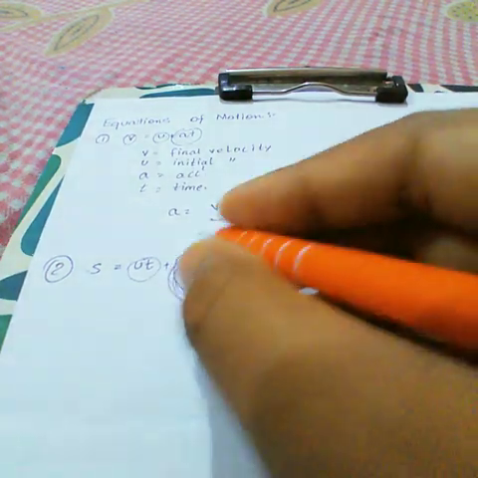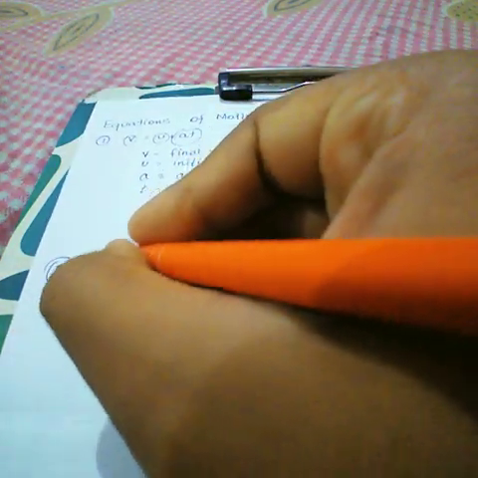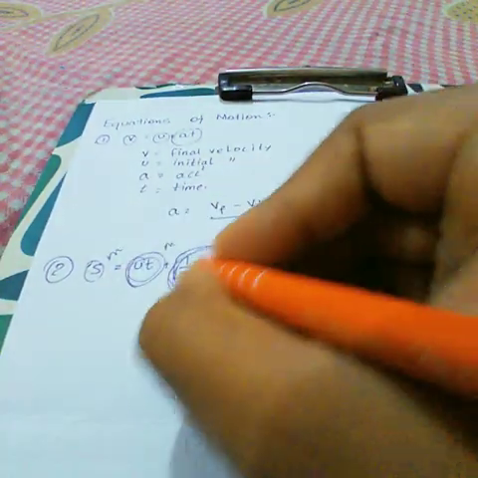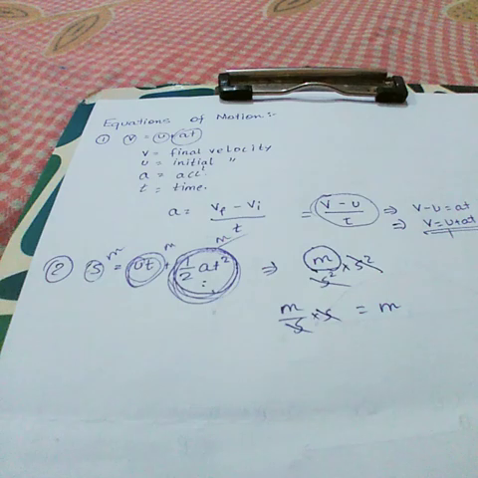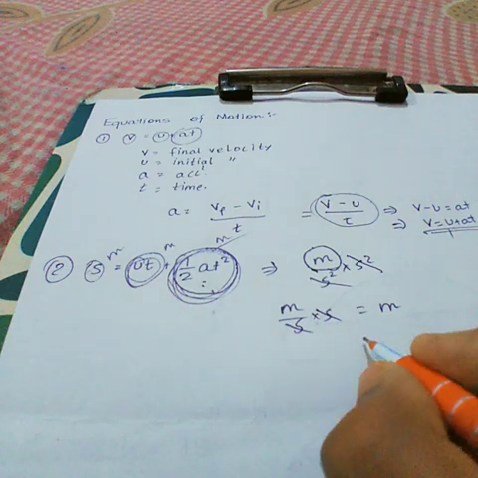And we can say that this equation is dimensionally homogeneous because the unit of displacement is meters, this unit is meters, and this is also meters. So by the law of addition we can say that this is dimensionally homogeneous.